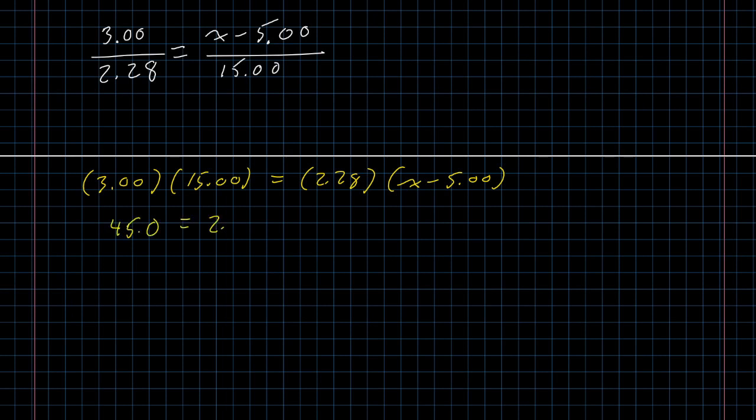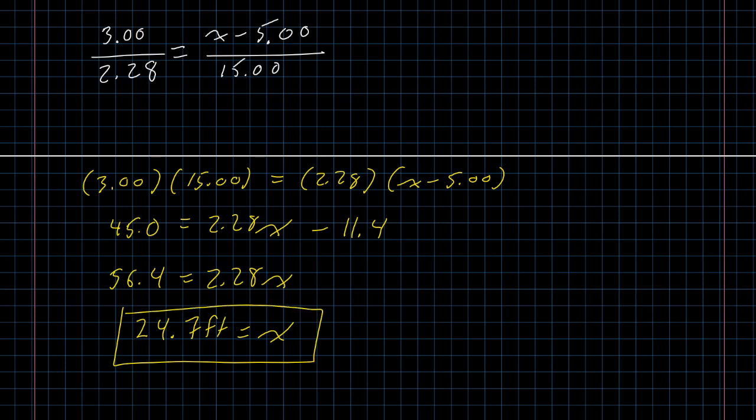Then I'm going to have 2.28x, and let's see, 2.28 times 5 my calculator tells me is 11.4. Add 11.4 to both sides, and then divide by 2.28. Round to 3 significant figures, and I get 24.7 feet as the value of x.